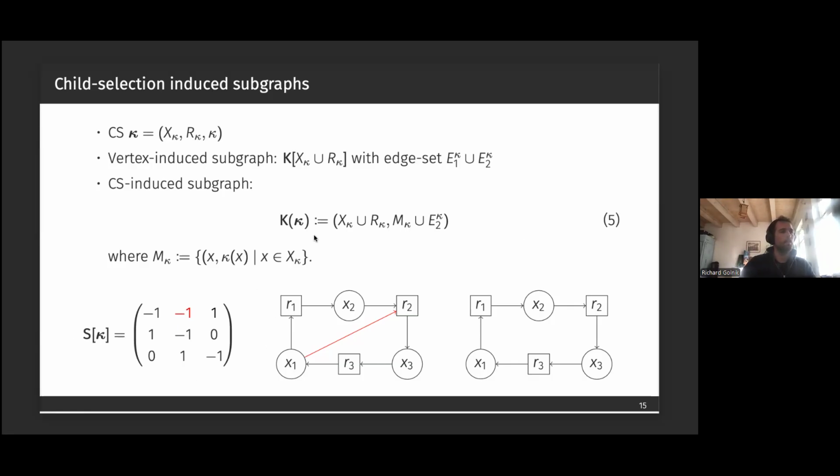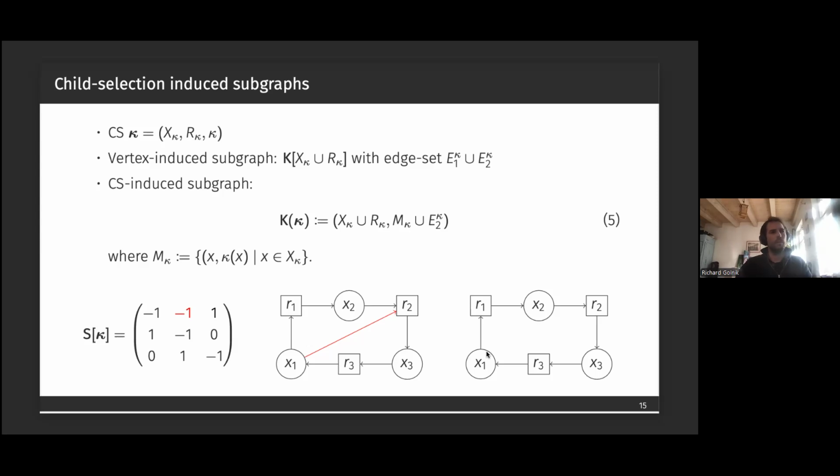And then the Metzler part of this matrix gives us this child selection induced subgraph. This is what I said at the beginning, that the Metzler part of the child selection matrix has a specific graph representation.